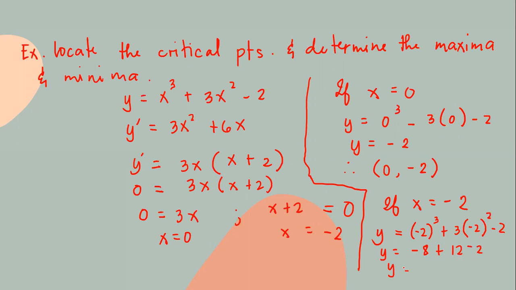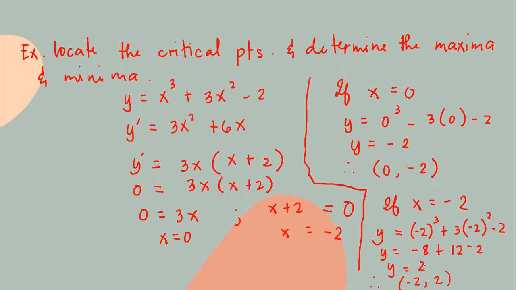Therefore, your y is equal to positive 2. At x is equal to negative 2, your y is equal to positive 2. Thus, the critical points are (0, negative 2) and (negative 2, 2).